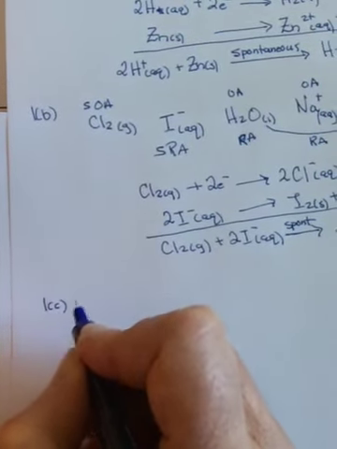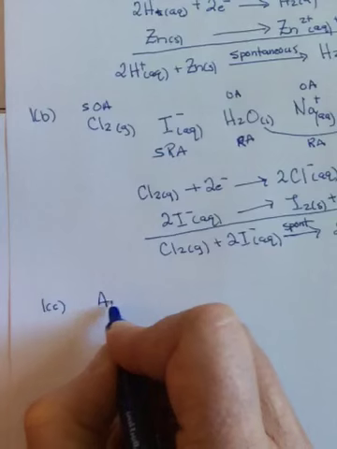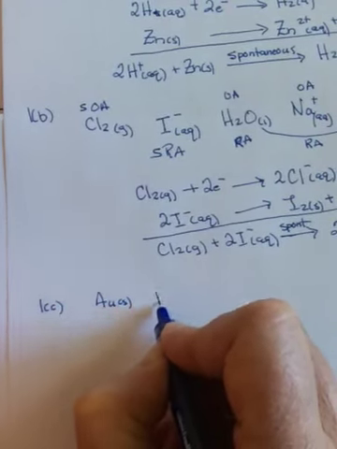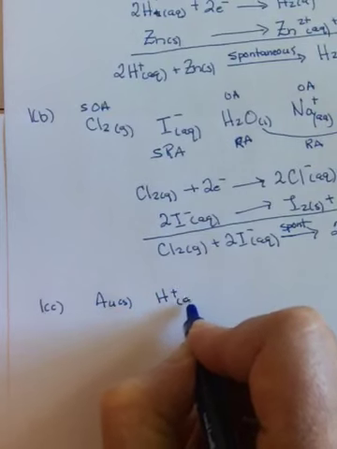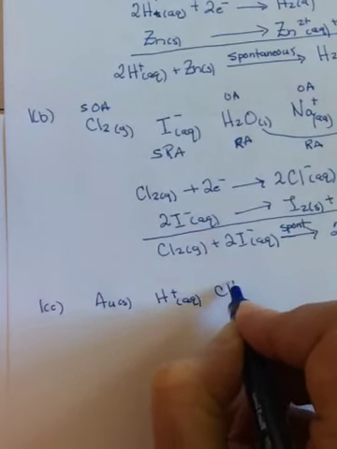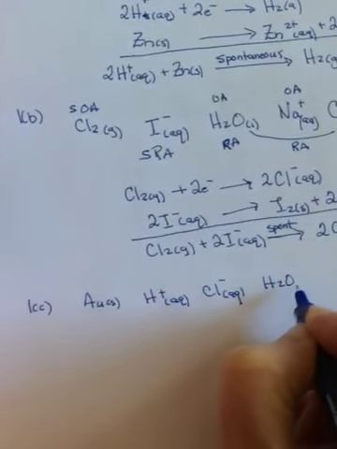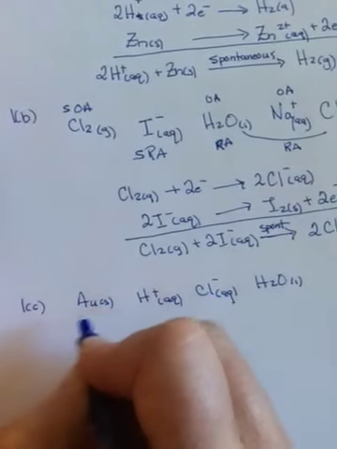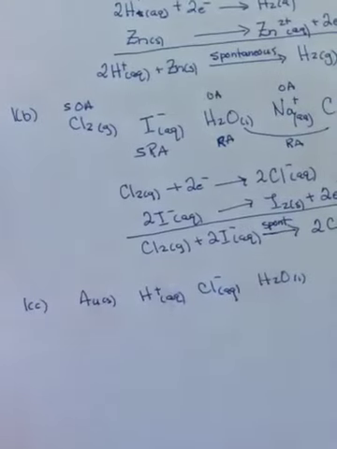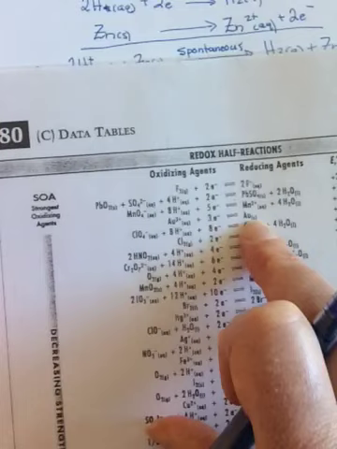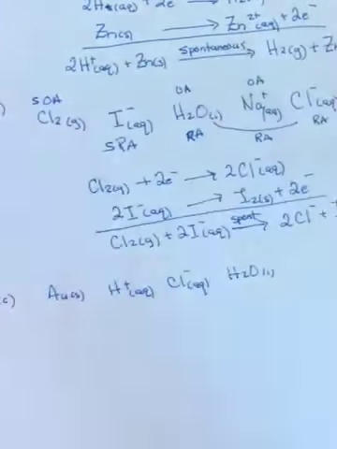1C says a gold ring, Au solid, is placed in hydrochloric acid solution. H+ aqueous, Cl- aqueous, H2O. Okay, so hopefully these are getting a little easier. Au solid, when you look for it, you will find it all the way up here on the top on the reducing agent side.